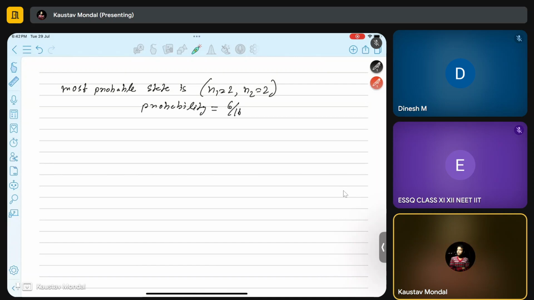The concept that we will use for the next problem is the same as in the previous problem. So let me write the problem.